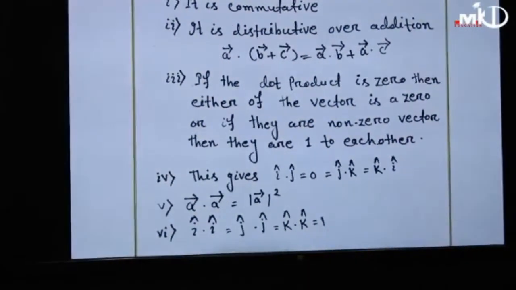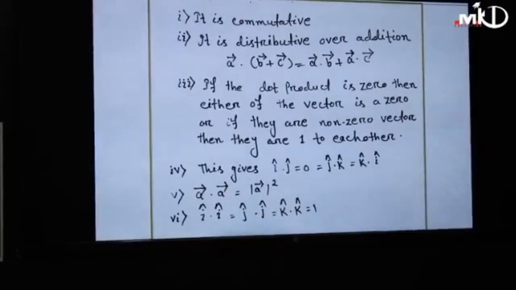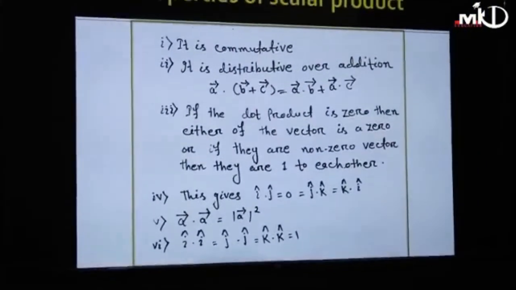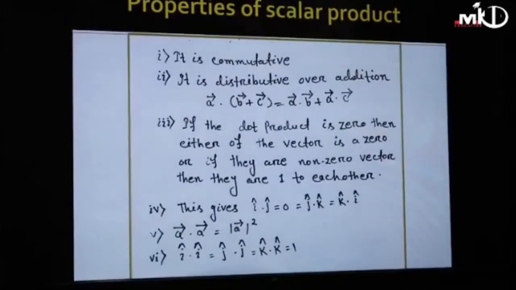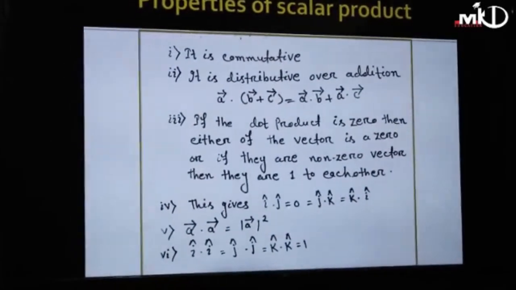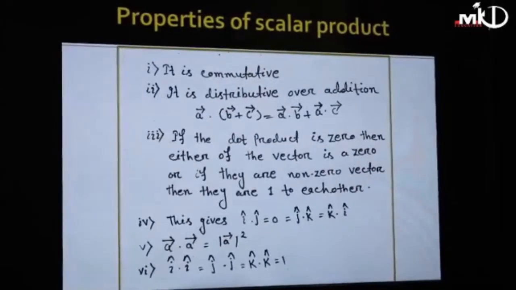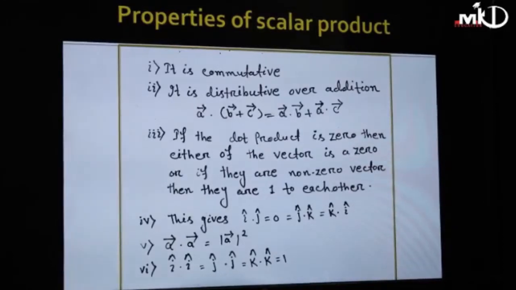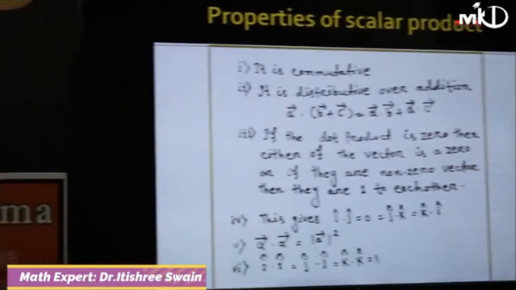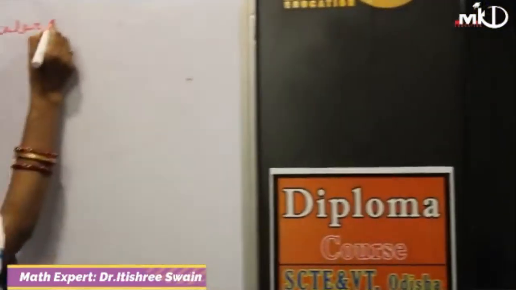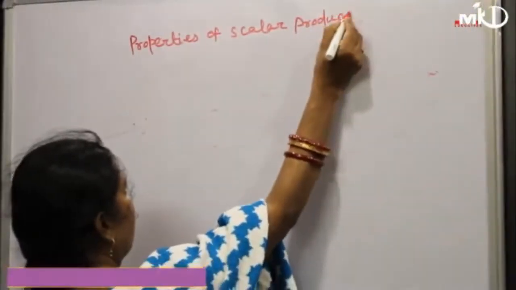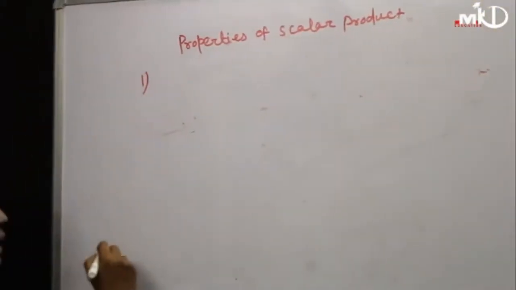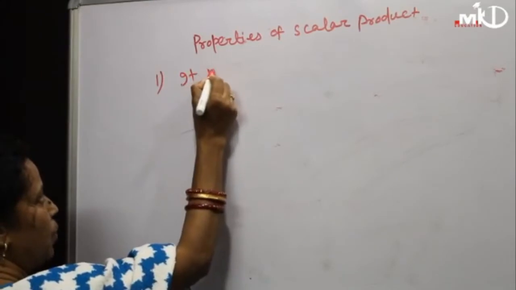Now we discuss the properties of the scalar product. The first property of the scalar product is that it is commutative.